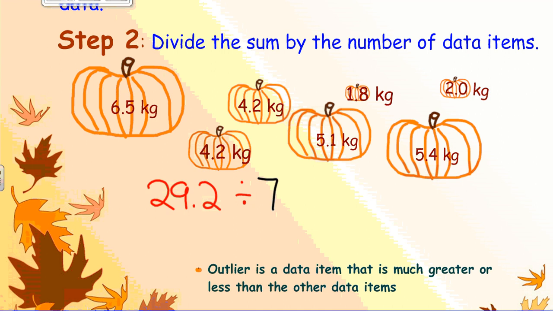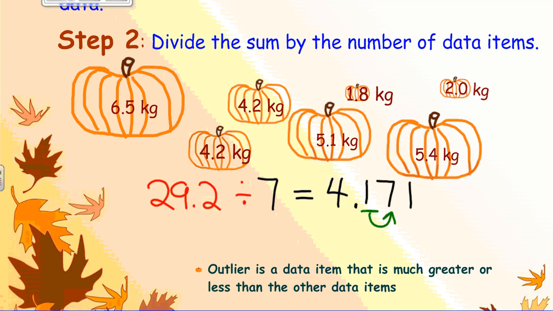29.2, when you're dividing by 7, gives you an answer that has a decimal value that keeps going on. So we're going to actually round that. I'm just going to write down the first few decimal places up to thousandths place. Since all of our other answers go to tenths, we'll round this one to the nearest tenth.